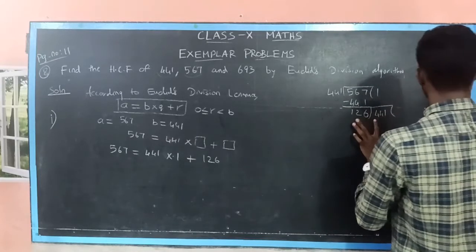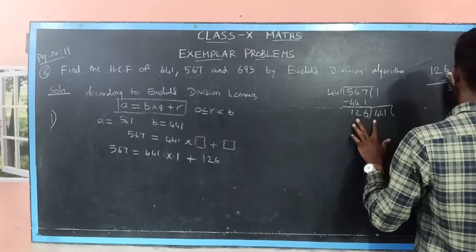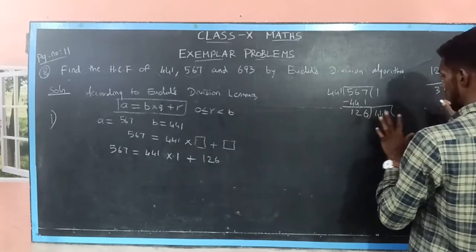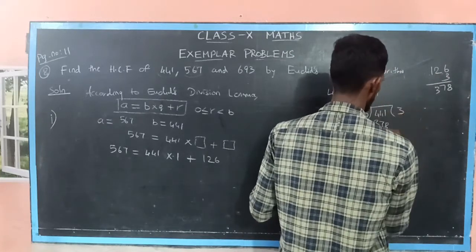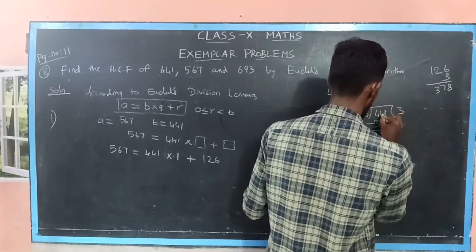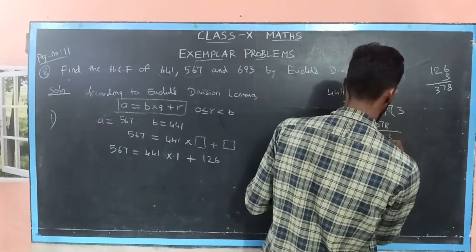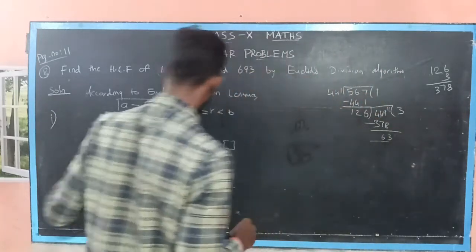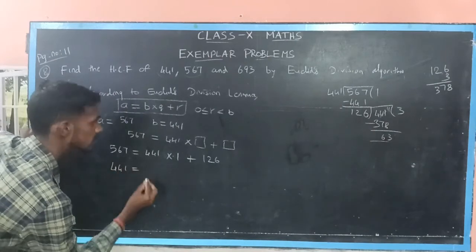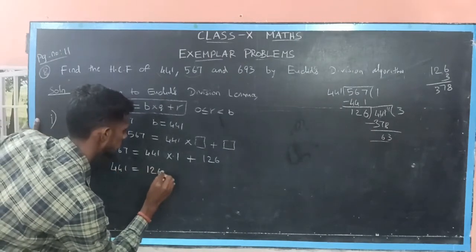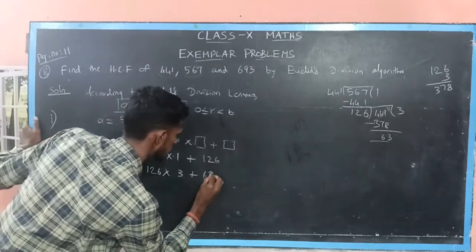When dividing these two numbers, 126 into 3 is 378, the quotient here is 3. Subtracting these two numbers, I am getting 63 as remainder. So 441 can be written as 126 into quotient value 3 plus remainder value 63.